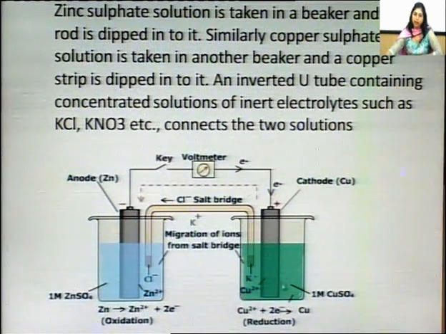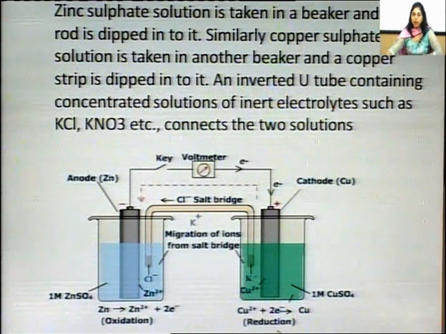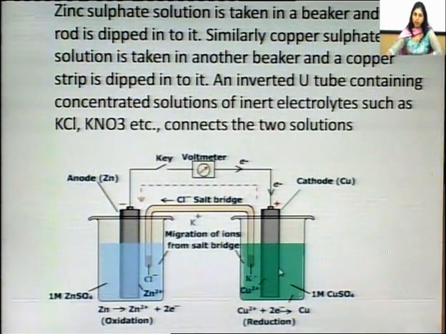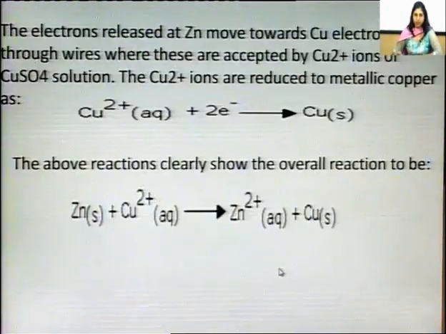The right hand side, where copper is undergoing reduction, is called the reduction half cell, and the reaction forming solid copper from the ions is called the reduction half reaction.